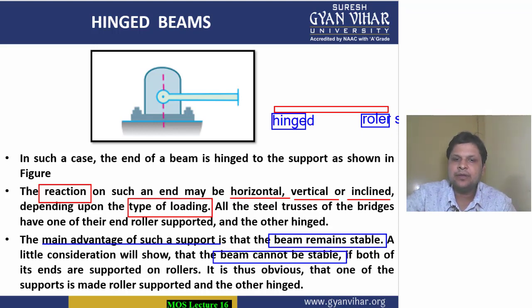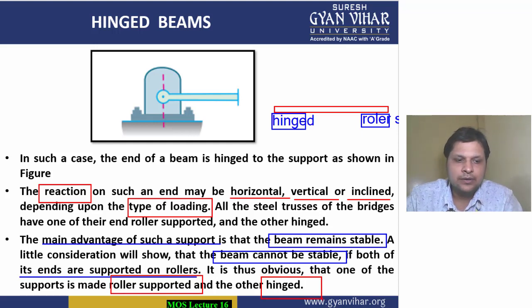It is thus obvious that one support is made roller supported and the other is a hinged support. Therefore you will always find, students, that one support is roller support and the other support is hinge support.